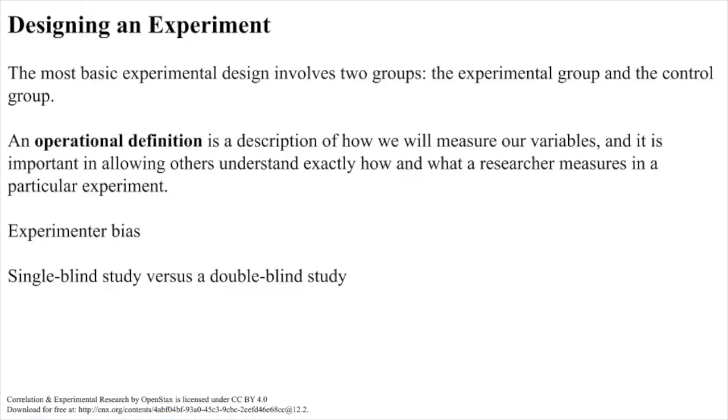Designing an experiment. The most basic experimental design involves two groups, the experimental group and the control group. The two groups are designed to be the same, except for one difference: experimental manipulation.